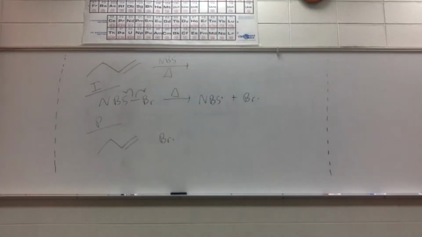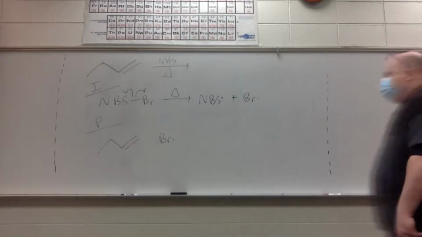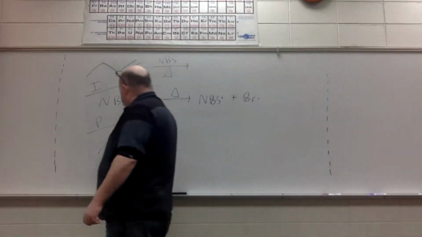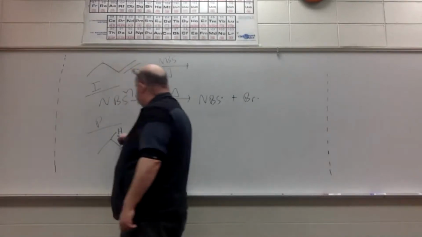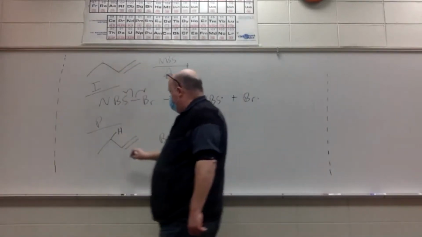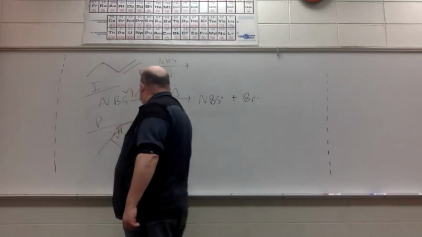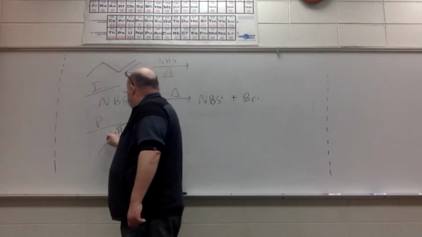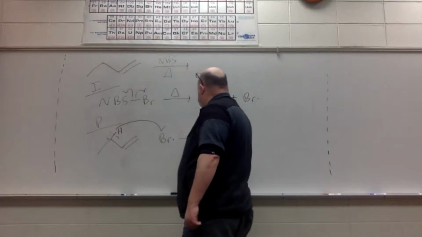So what does the radical do here? Look back if you need to. It's going to break off an allylic H. Yep. We have an allylic position right over here. So the H radical is going to bond with that. And you're going to form a carbon radical.